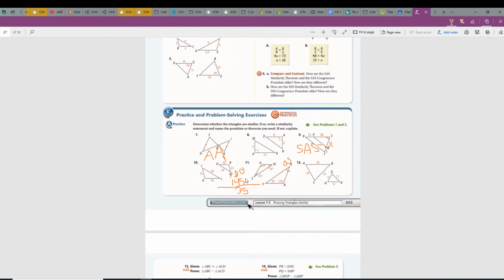And this one we don't have to check, but we'll check it anyway. 25 plus 35 would be 60, so subtract that from 180. We'll get 120. This angle is 120. So the angles in these two triangles are not congruent. So they can't be similar, because similar means that the angles in them have to be congruent.